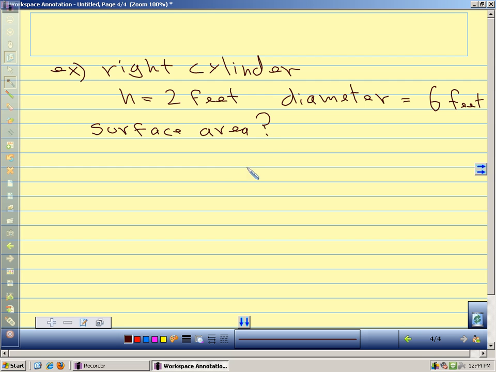So we need two pieces of information. We need the height and we need the radius. So what is our radius here? Radius is going to be 3, half the diameter. And we'll plug into our formula. The surface area is 2 pi times r times h plus 2 pi r squared.